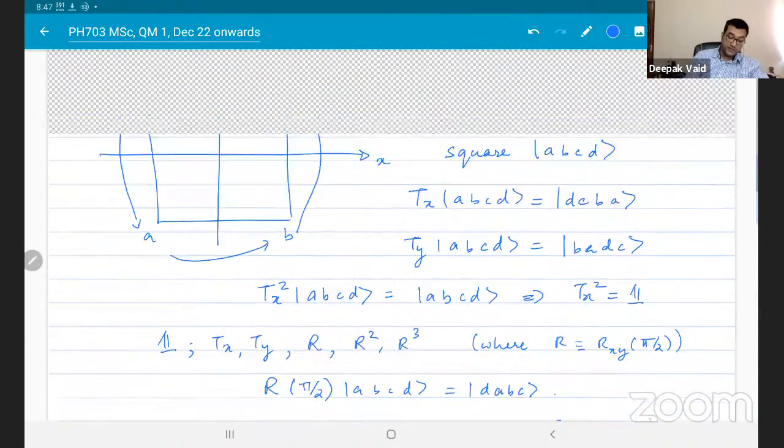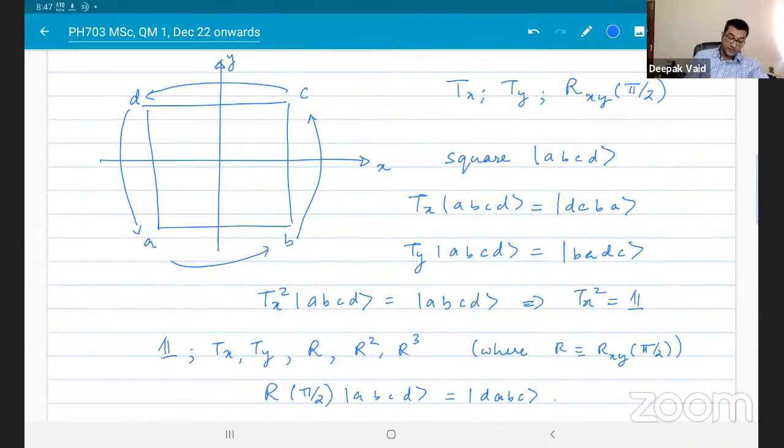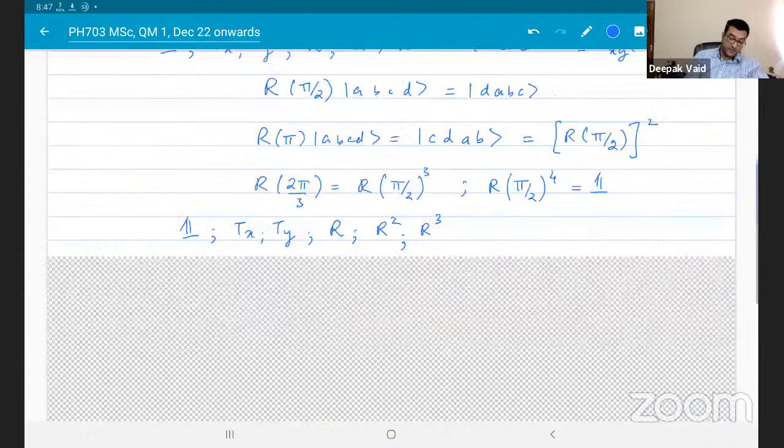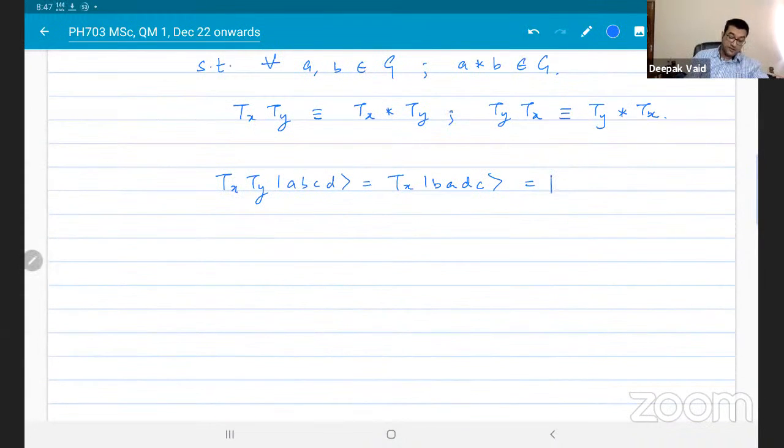Then I have Tx acting on this. Right. Now when Tx acts on this, what happens? I get CDAB.